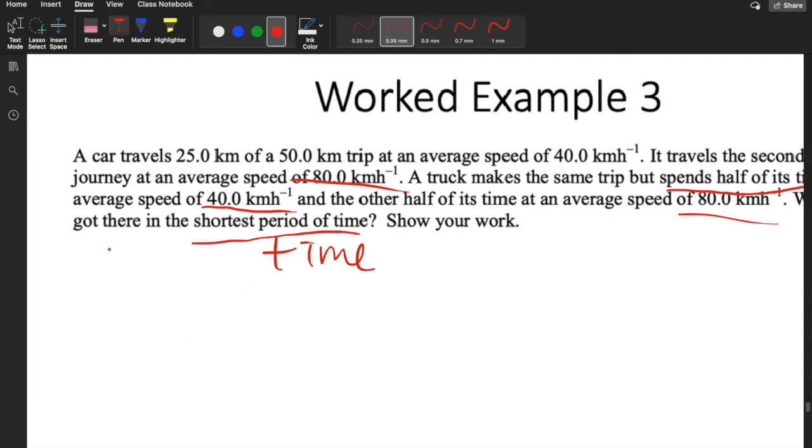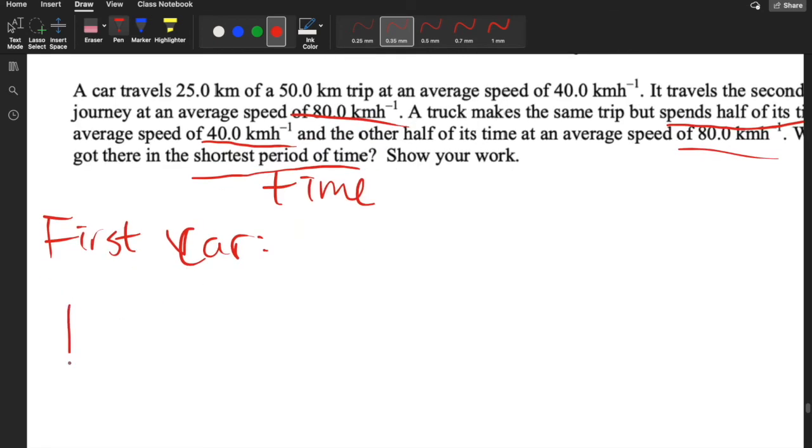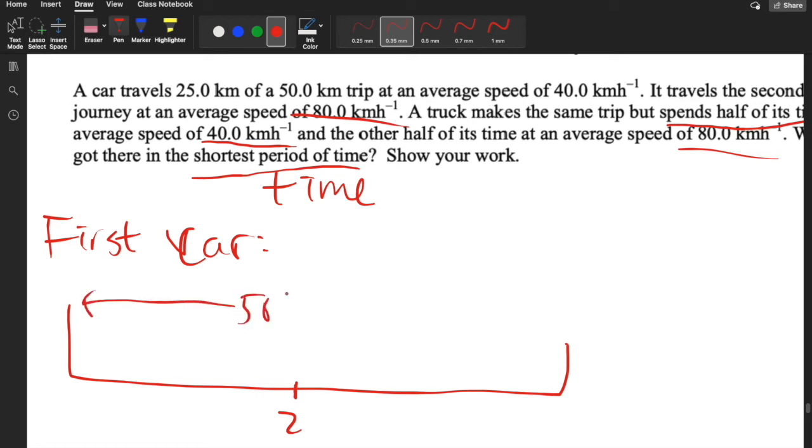So let's calculate the time for the first vehicle first. First car, right? So from the question we know the total is 25. No, the total is 15 kilometers.